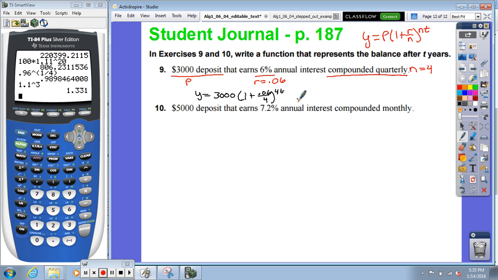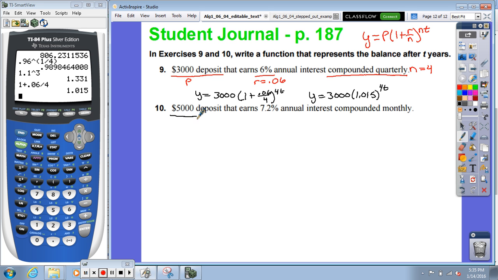I need to type what's in parentheses into my calculator. If I type in 1 plus 0.06 divided by 4, just what's in the parentheses, I find that it is 1.015. So my equation is 3,000 times 1.015 to the 4t, and that's my answer.